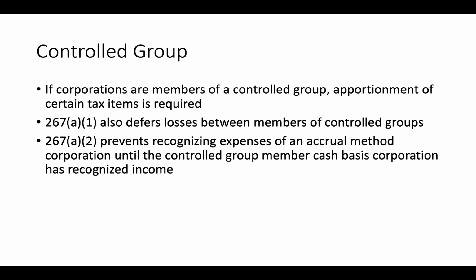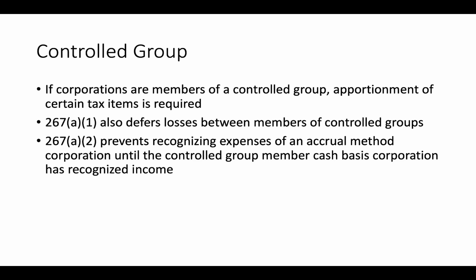It also matters because Section 267(a)(1) is going to defer losses between members of controlled groups. Remember, Section 267 is the provision that deals with related parties. So we talked about brother-sister, family relationships, and entity relationships. These are entity relationships. If two entities are treated as related, 267(a) is going to limit how they can do business with each other.